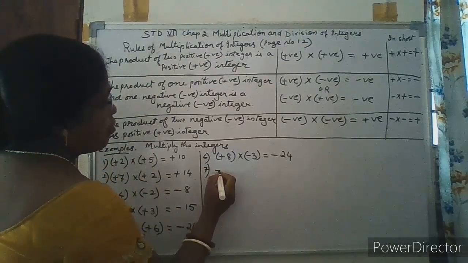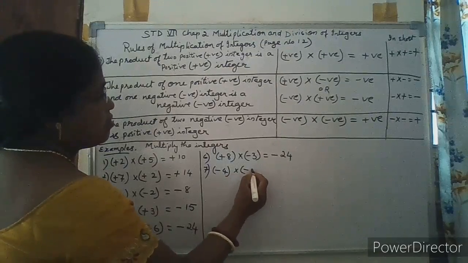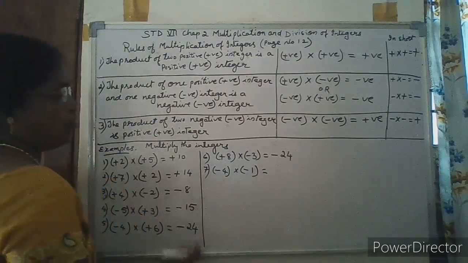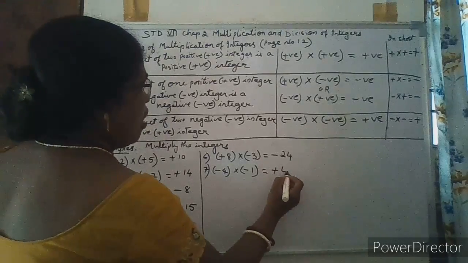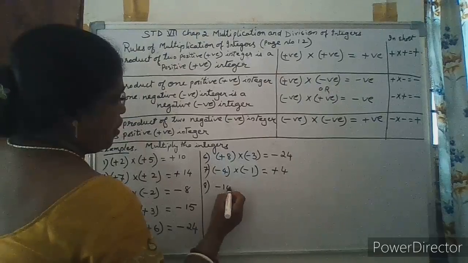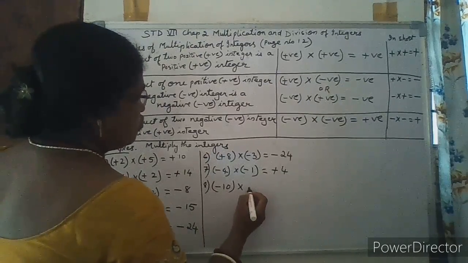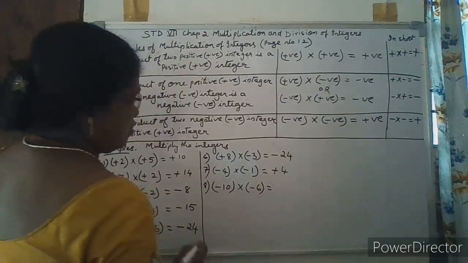So, minus 4 into minus 1, suppose. Minus into minus is plus. 4 1s are 4. Minus 10 into minus 6.